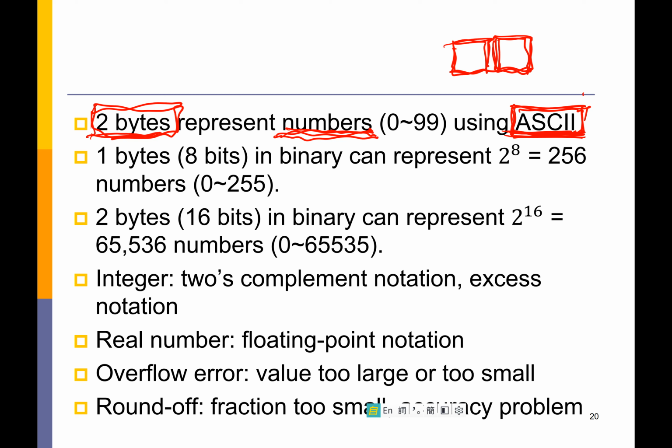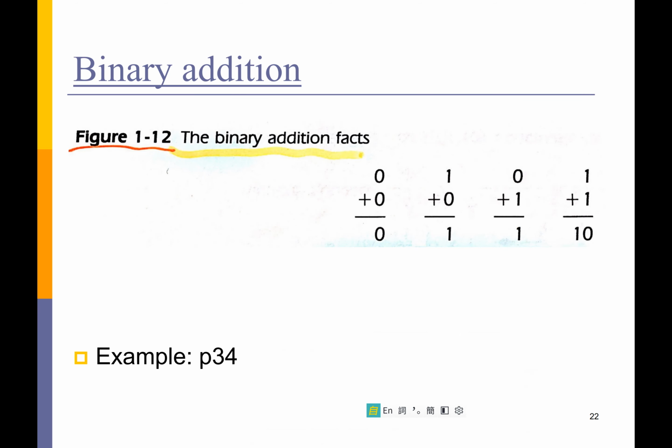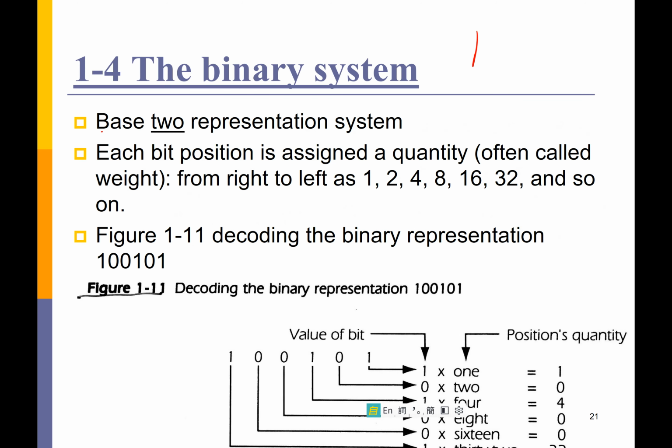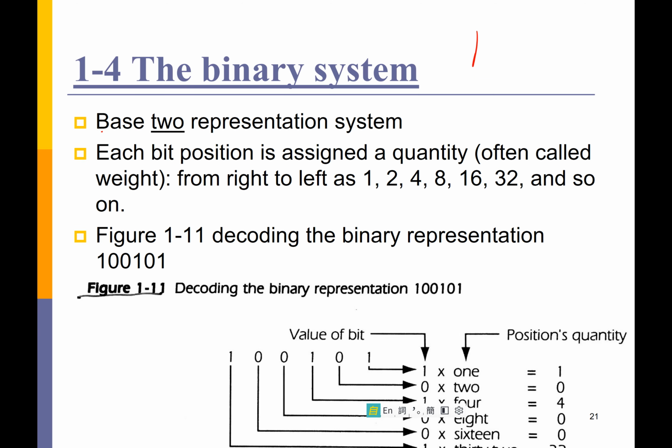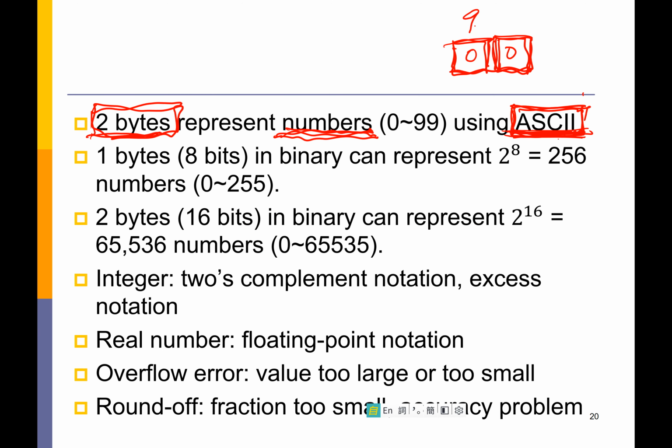What's the biggest number you can represent? It's 0, 0. It's the smallest number you can represent by 2 bytes using ASCII symbols. What's the biggest number? It's 99.